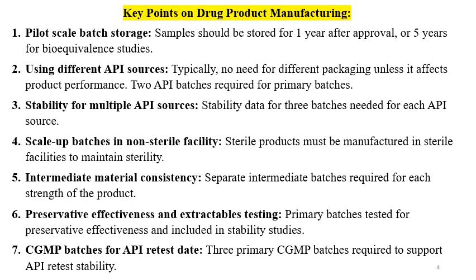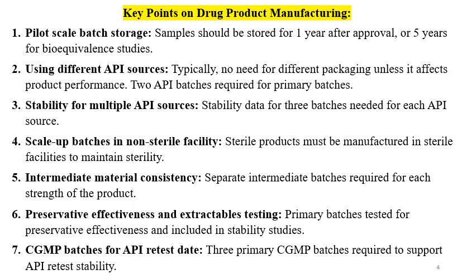But the API batches should be 2. The main understanding from this point is if packaging material is affecting the drug product quality, then packaging material lots are also required to be used, like we are using the 2 different API sources.